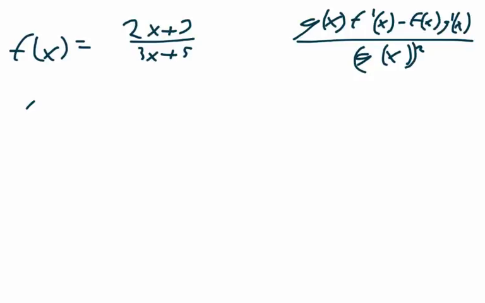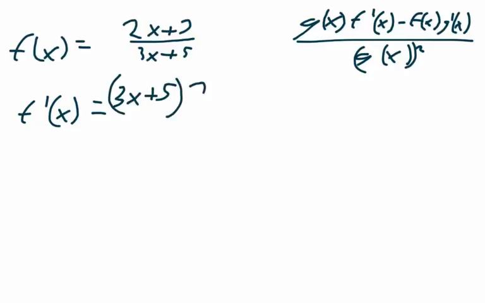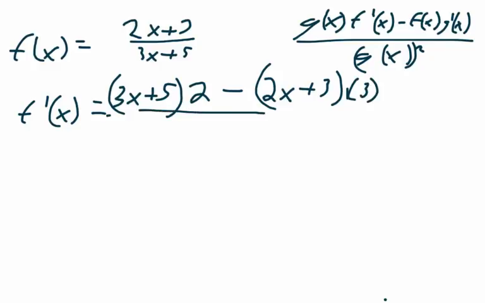So when we take this derivative, g of x is still 3x plus 5, 3x plus 5 times the derivative of the top, which is just a 2, minus the 2x plus 3 stays the same, and the derivative of the bottom is 3, and then we're going to divide this by 3x plus 5 squared.